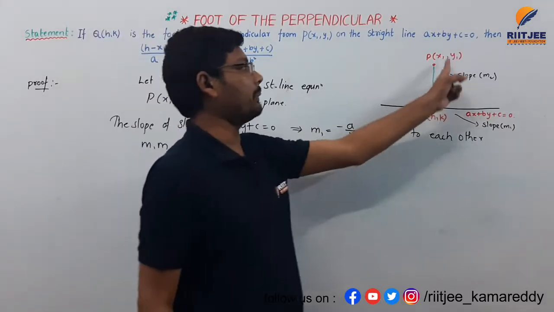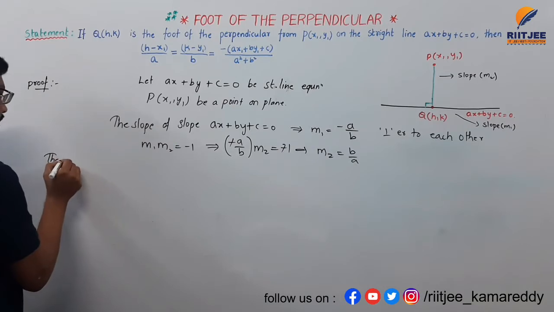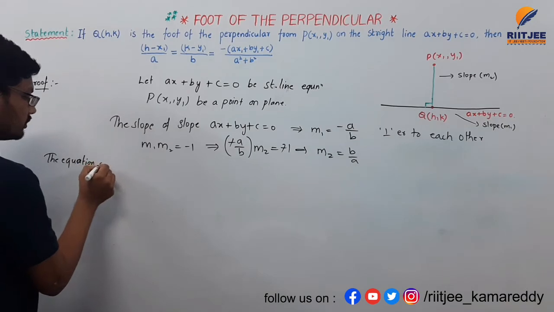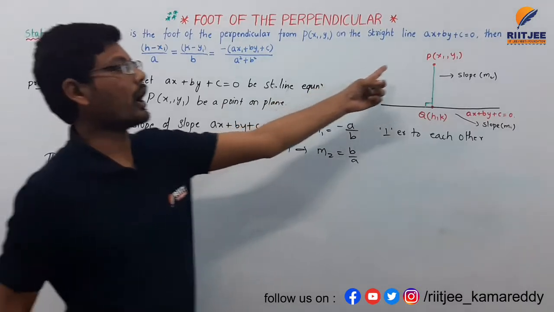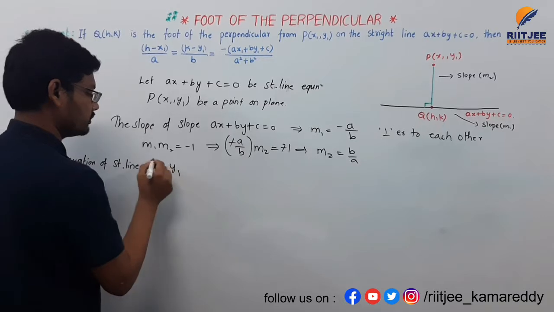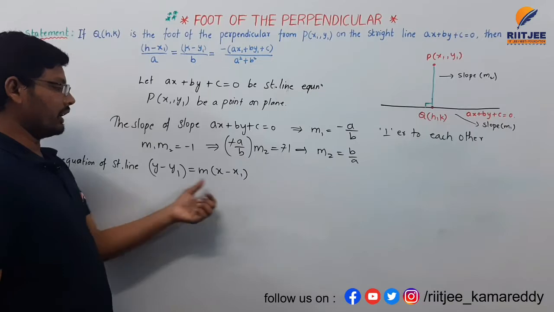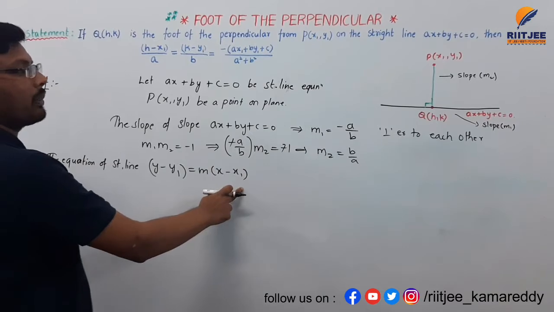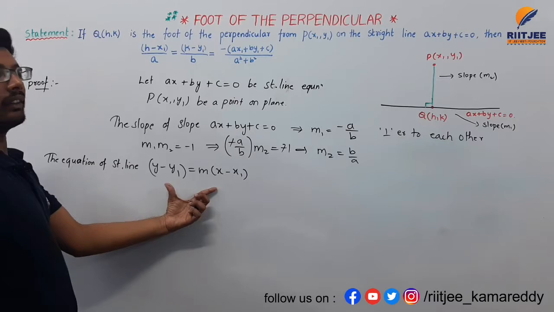So we have slope and point. The equation of a straight line in point and slope form is y minus y1 equal to m into x minus x1, where x1, y1 are point values, and y and x are only variables here.